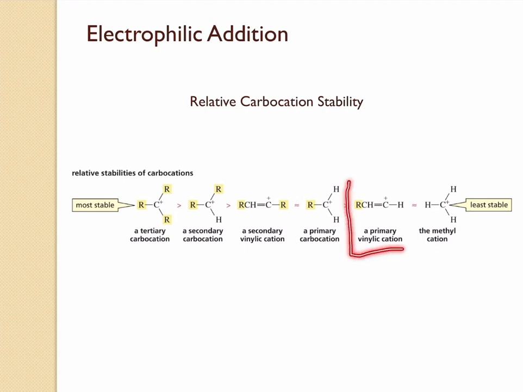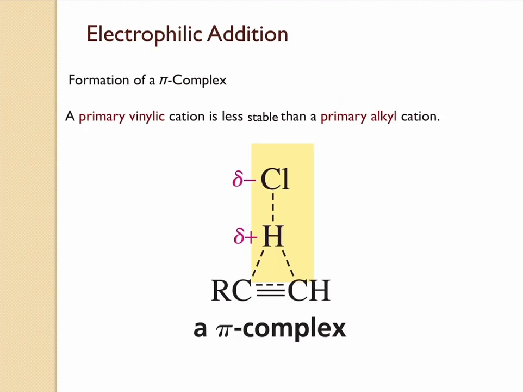But when it comes to the primary vinylic carbocation, it is even more unstable, and therefore the transition state that is obtained in the electrophilic addition reaction of an alkyne is unstable, making the alkyne less reactive towards electrophilic addition reactions. So some chemists think that the intermediate that is obtained in the electrophilic addition reaction of an alkyne is a pi complex rather than the primary vinylic carbocation, which is too unstable to be formed.